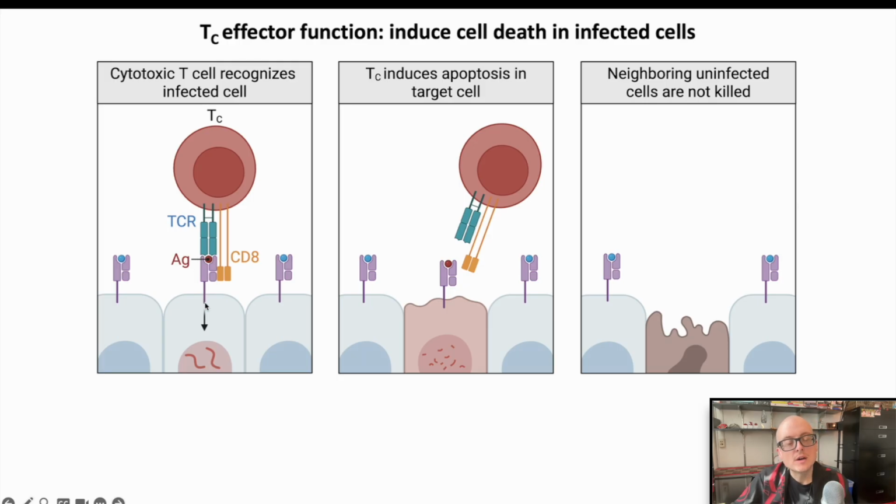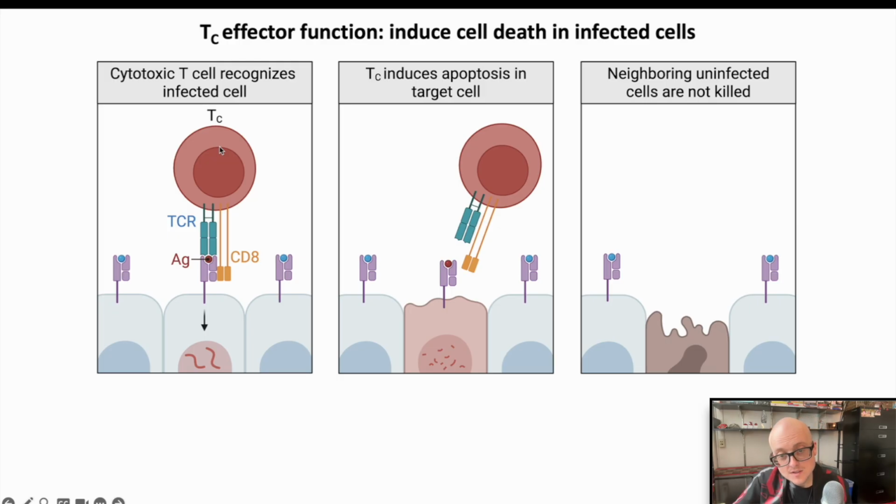When they do so, that is going to facilitate the activation of a cytotoxic T cell, a T cell expressing the co-receptor CD8. And using both its TCR and the co-receptor CD8, it's going to be able to dock onto that MHC class I molecule, and the antigen is going to be able to activate the TCR, which is going to transduce a signal into the cytotoxic T cell and activate it.